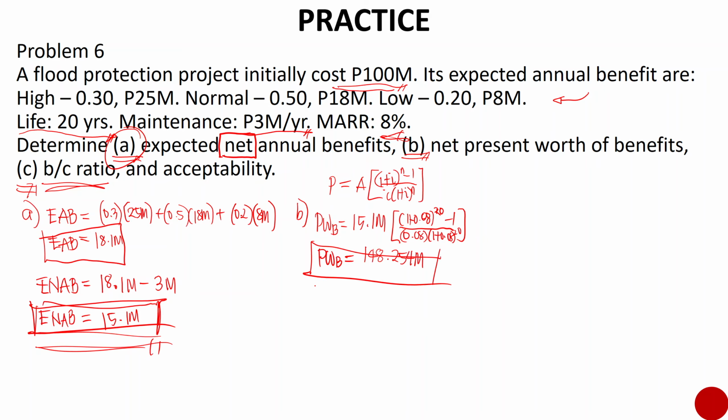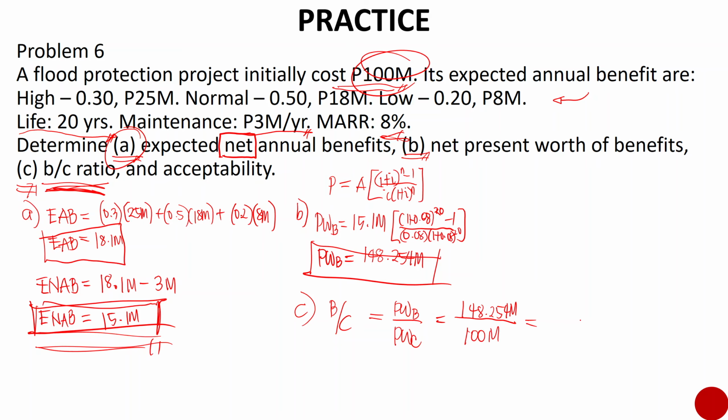And now our benefit cost ratio. Next is the benefit cost ratio. That is just the present worth of the benefit over the present worth of the cost. So we have our present worth of benefit, that is 148.254 million, over the initial cost of 100 million.